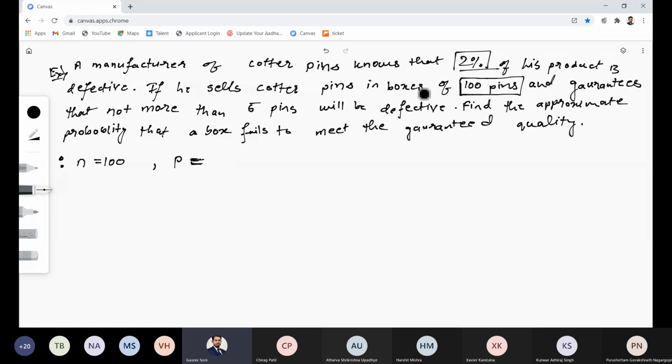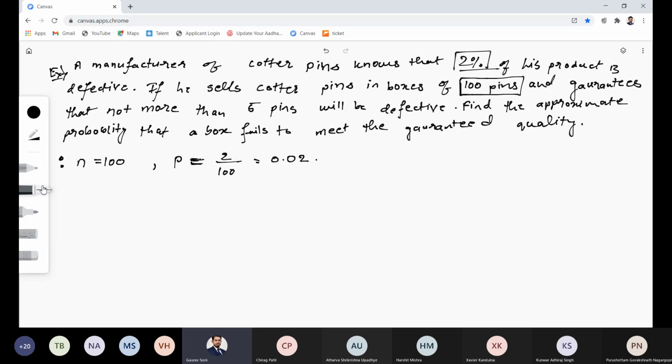So the probability of success is 2%, which is 2 by 100, which is 0.02. He guarantees that not more than 5 pins will be defective. If a box fails the guaranteed quality, it must have more than 5 pins defective, right?